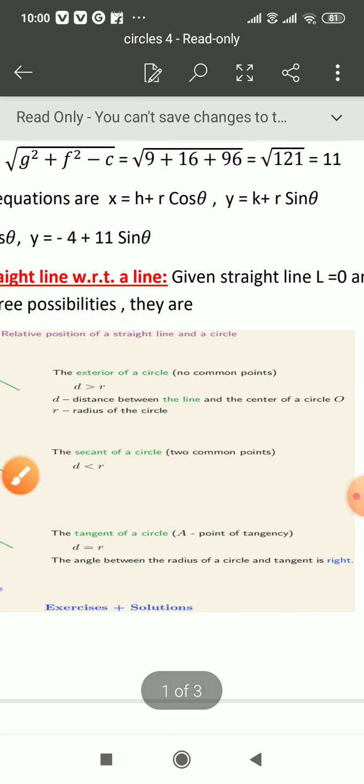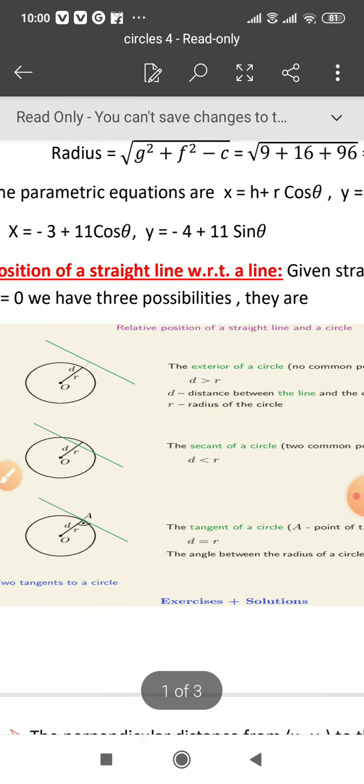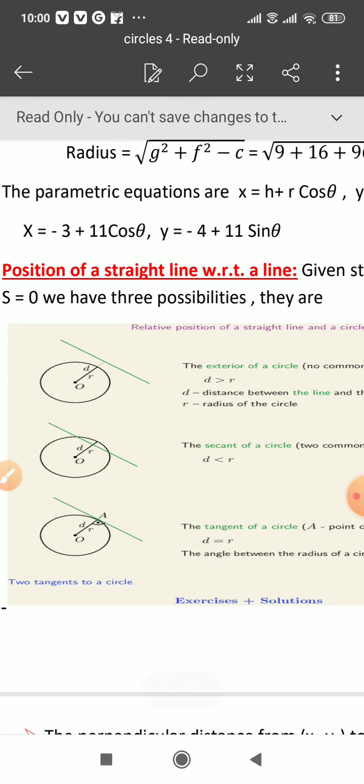Or vice versa, that means if the distance from the center to the line is equal to the radius, then that line is a tangent. Conversely, if a line is a tangent to the circle, the distance from the center to the line is equal to the radius. This is a very important concept for 2 marks, also 4 marks in our IPE.